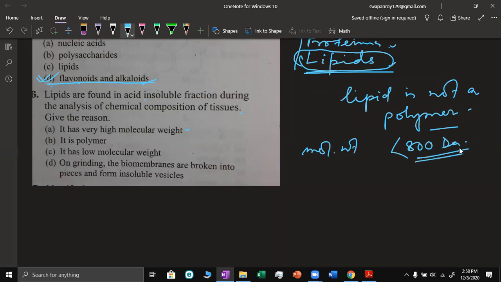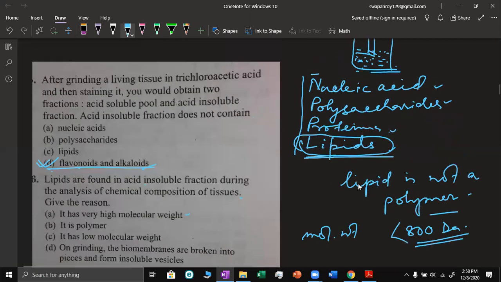But still lipid molecules come with the insoluble fraction, where the molecular weight is very high, along with the other polymers.